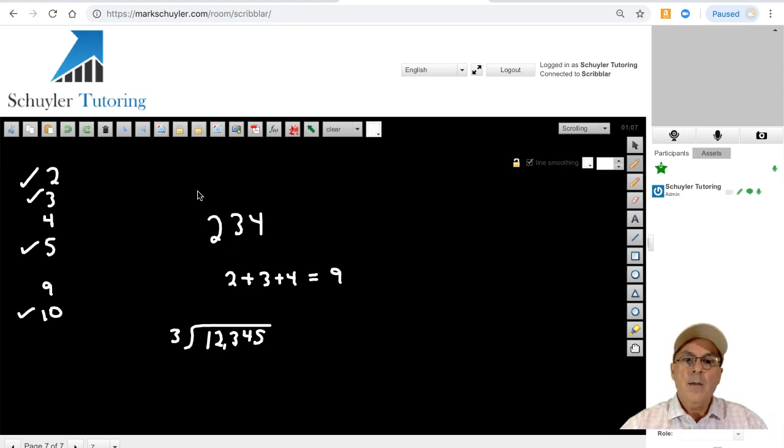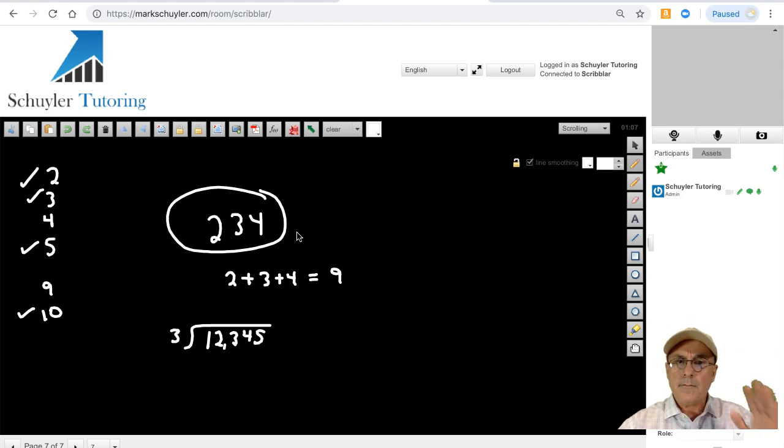That's awesome. But let's go back to the number 234. Is it divisible by 4 just by looking at it? Well, you might think it is because there's a 4 right there in the ones place. That might be helpful. But what you do is you look at the last 2 digits of the number. You don't add them. No adding.